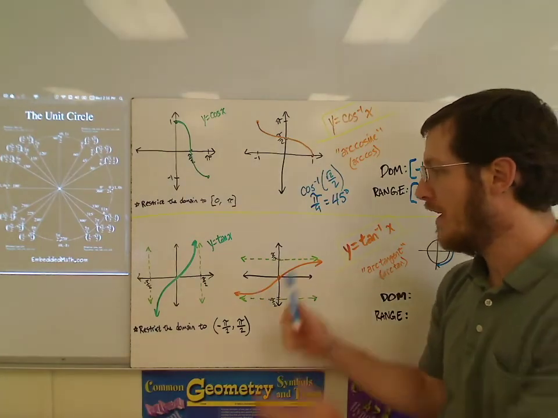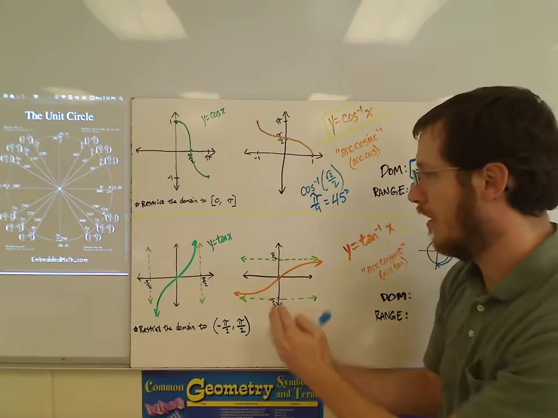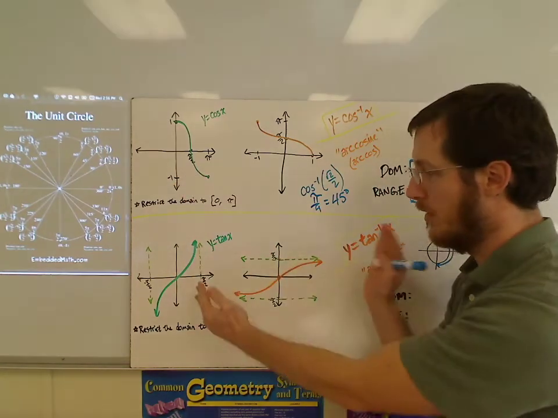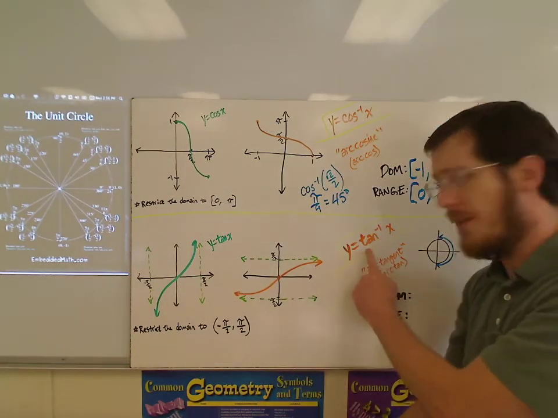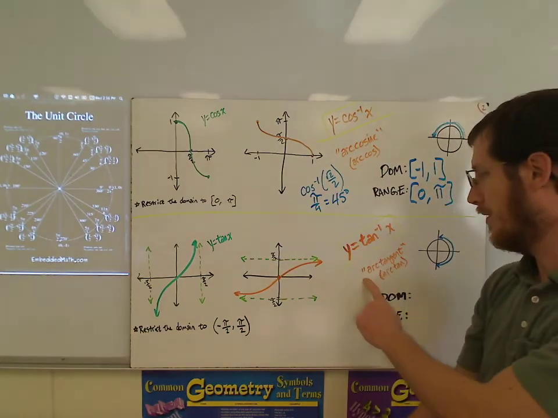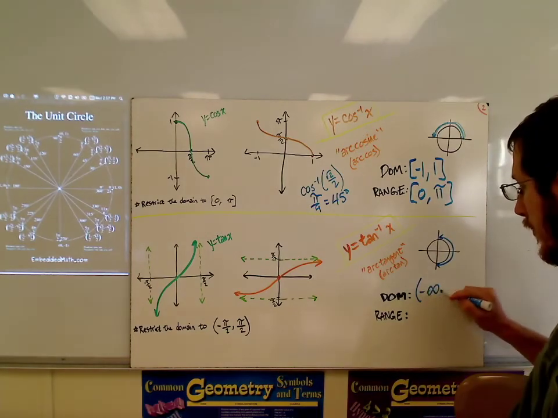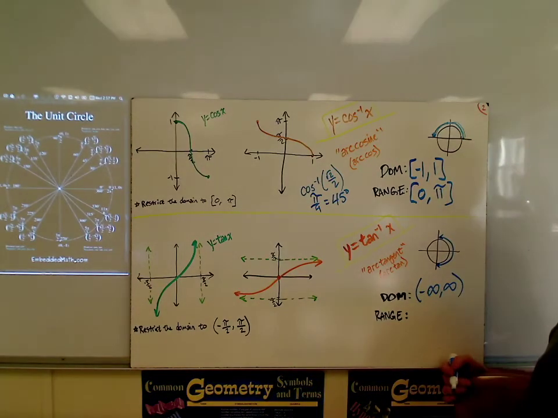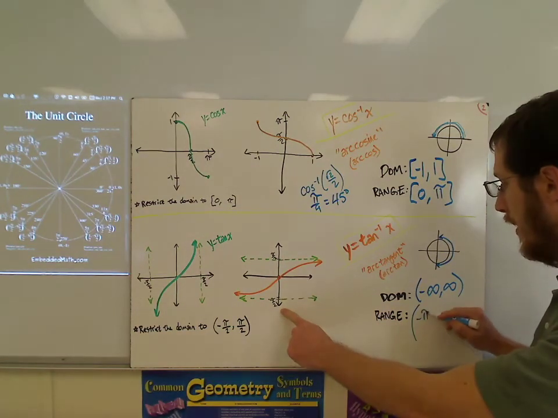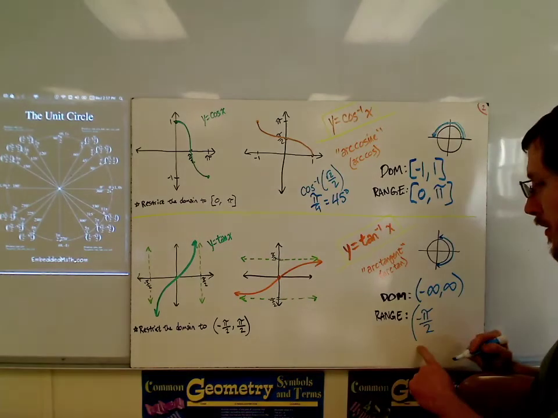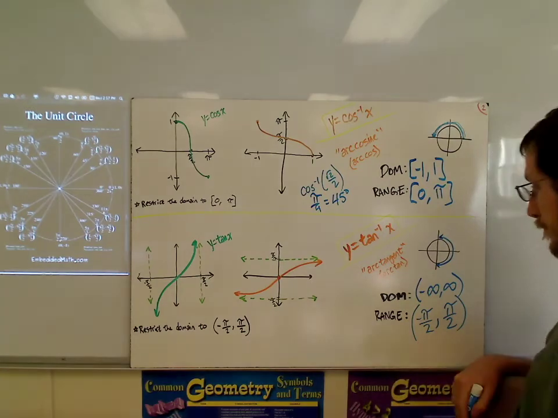Now we've got horizontal asymptotes, and it still goes through the origin, but what was our range has become our domain, and what was our domain is now our range. So for the inverse tangent of a number, also known as the arc tangent, our domain is now all real numbers, and our range goes from -pi/2, notice it's not included, to +pi/2, not included.